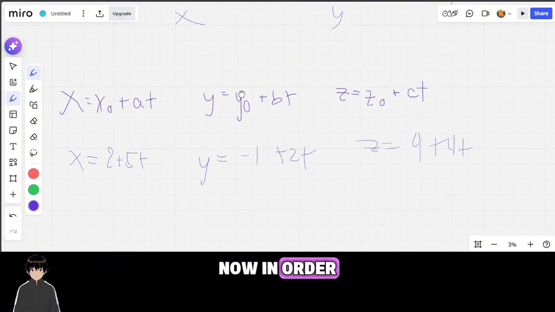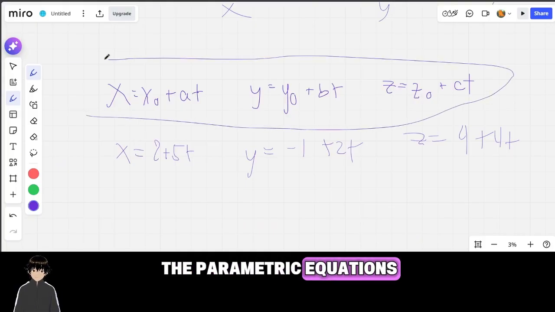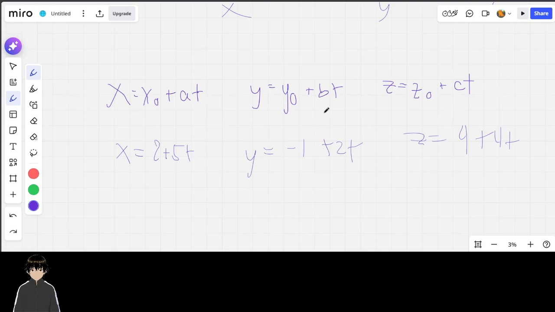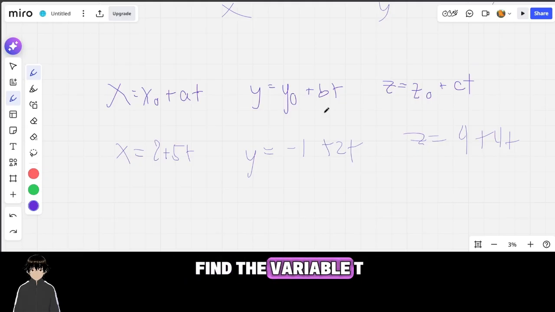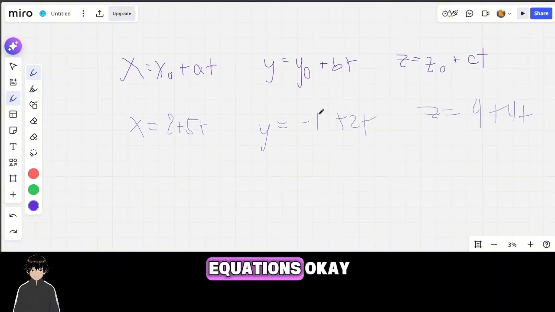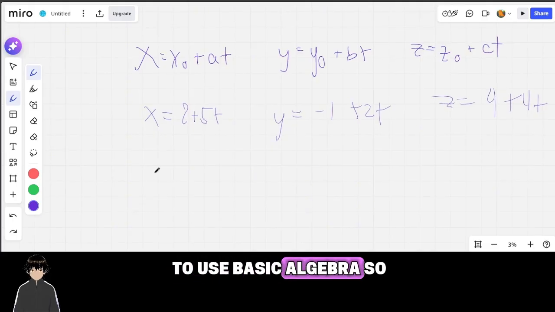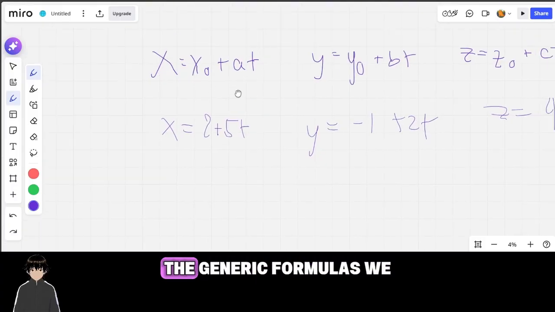Now we just have to substitute. In order to find the symmetric equations, we have to isolate t, because we're going to find the variable t. To find t using these equations, we're just going to use basic algebra. So now you just have to rewrite the generic formulas.